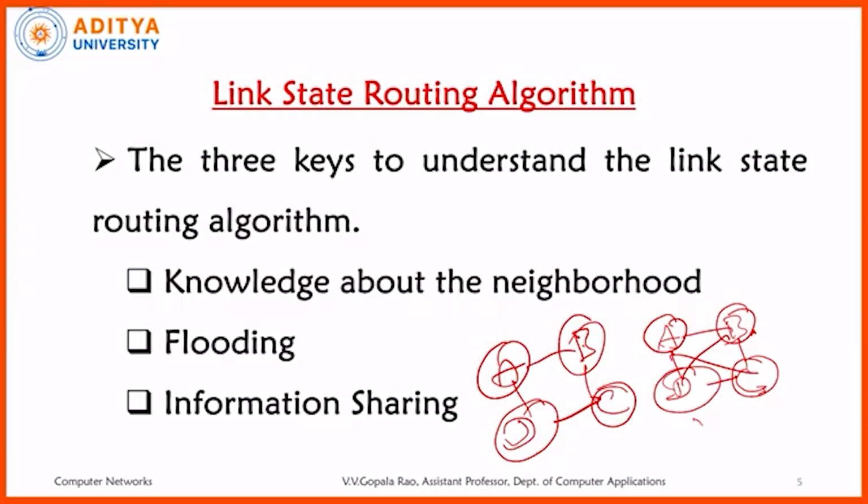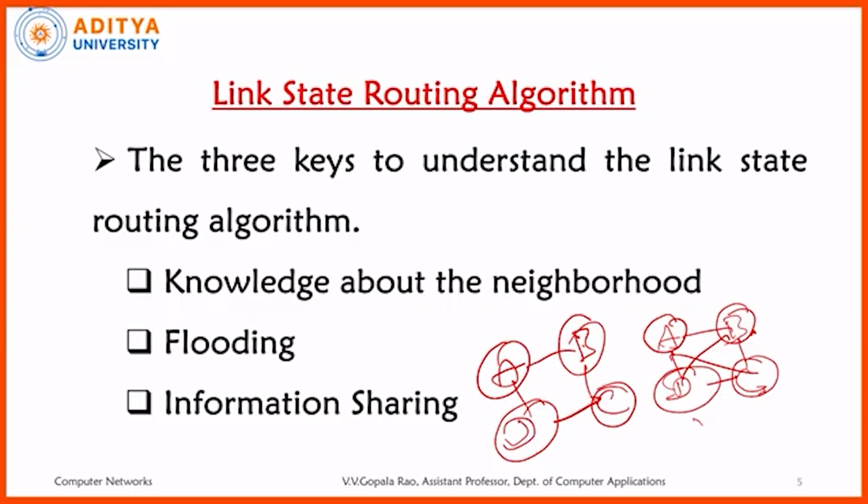This process is called flooding. So in the link state routing algorithm, every router follows the principle of knowledge about the neighborhood, follows a technique called flooding, and shares the information. Knowledge about the neighborhood is one important thing.